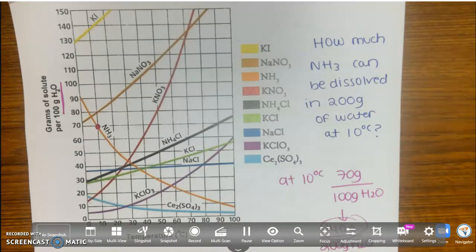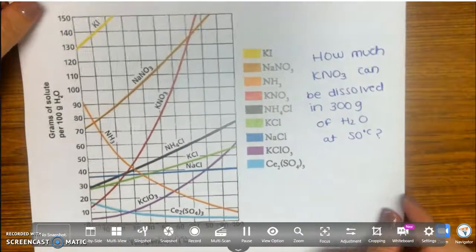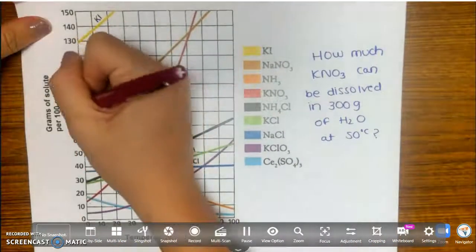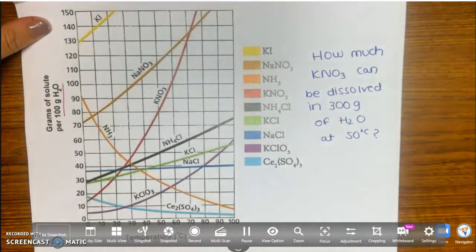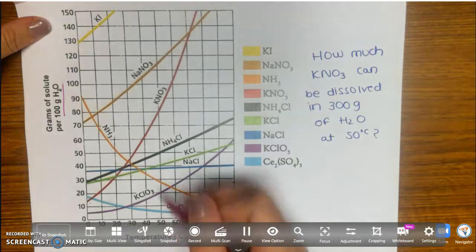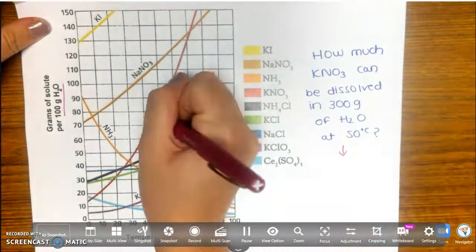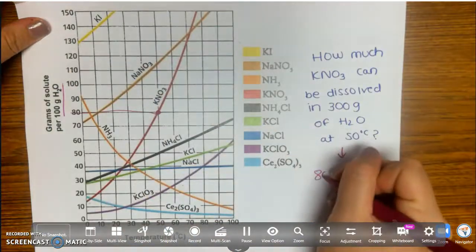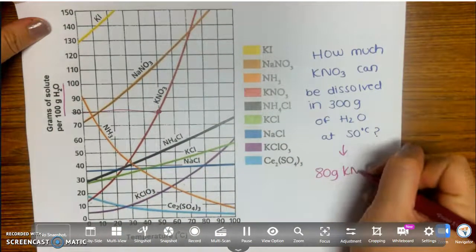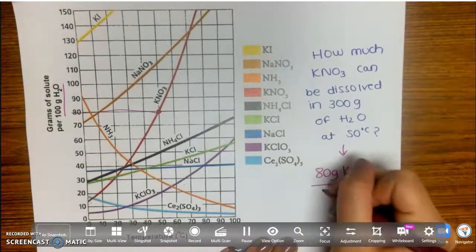What if the water tripled? So this last example, if you have 300 grams of water instead of 100, this wants to know about KNO3 at 50 degrees Celsius. Okay, so at 50 I can have 80 grams of KNO3 dissolved in 100 grams of water.